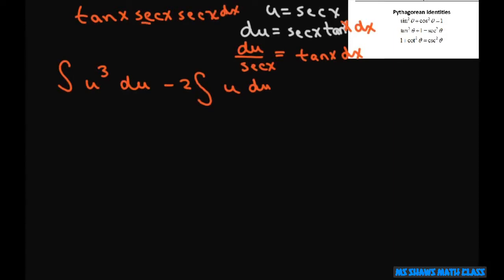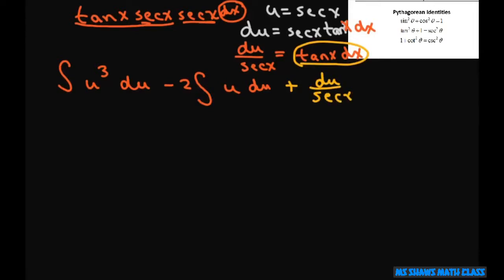So now that I have this, that's just going to be du, and we still have our secant. And then we have our plus tan x dx. So tan x dx is just going to be du divided by secant x. And that's the integral of that.